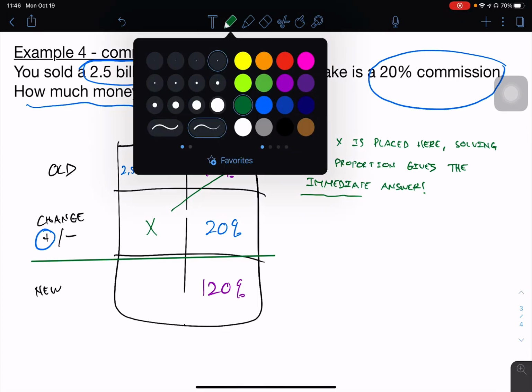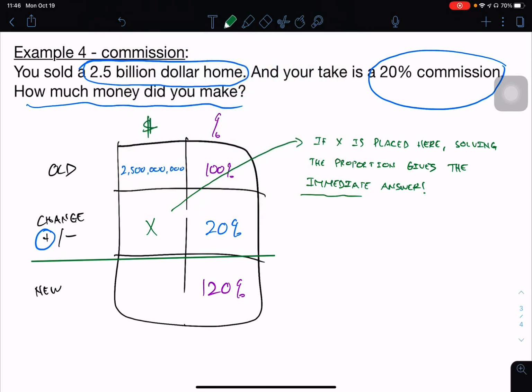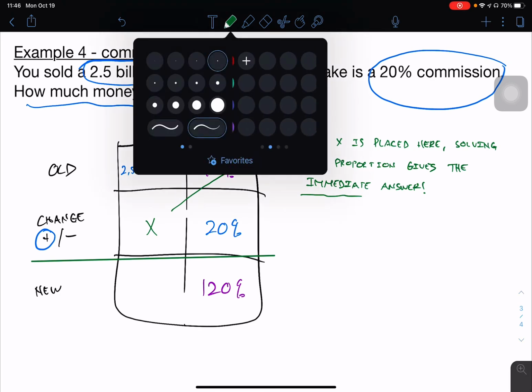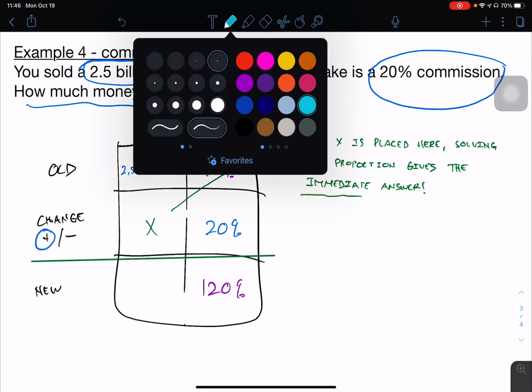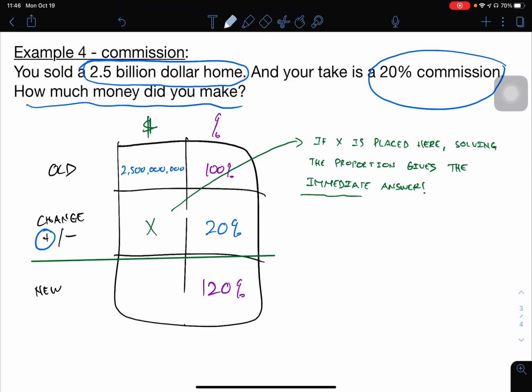Because if you then, let's use a different color here. Say for whatever reason you put the x down here. No, let's call it y. Say you solve for the y down here.